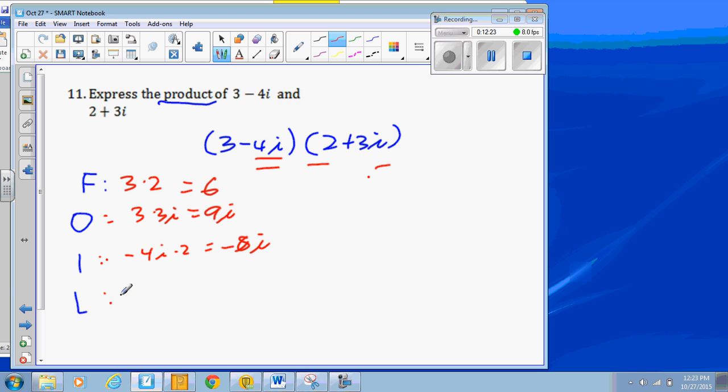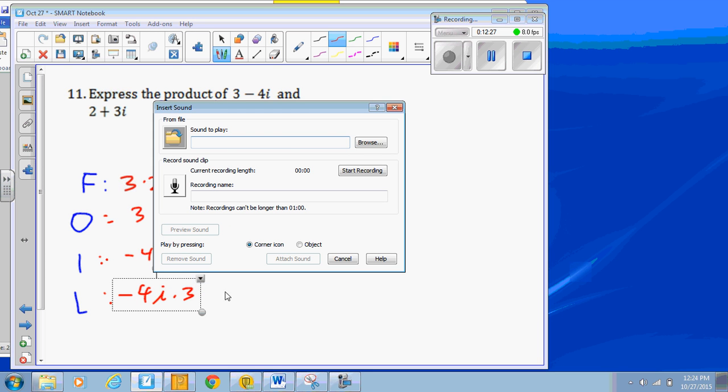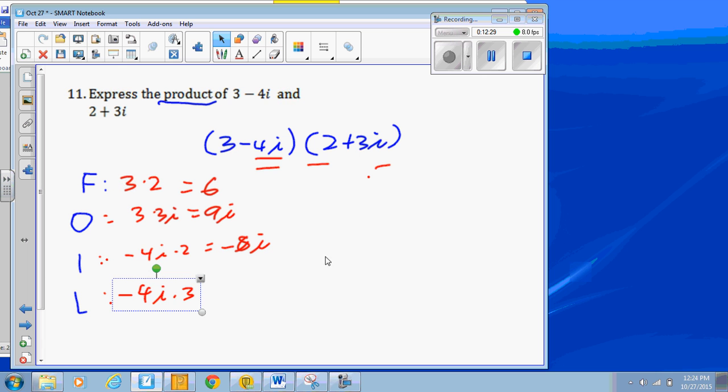So that's going to be negative 4I times 3I, which is negative 12I squared, or positive 12, because negative 12 times negative 1 is positive 12.